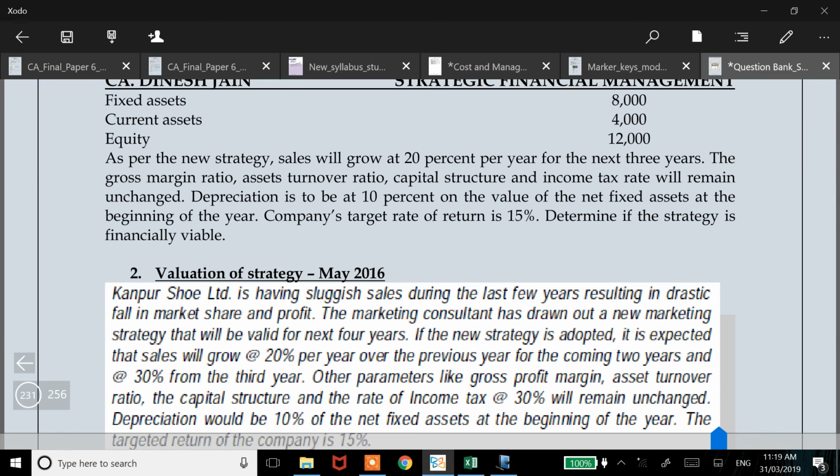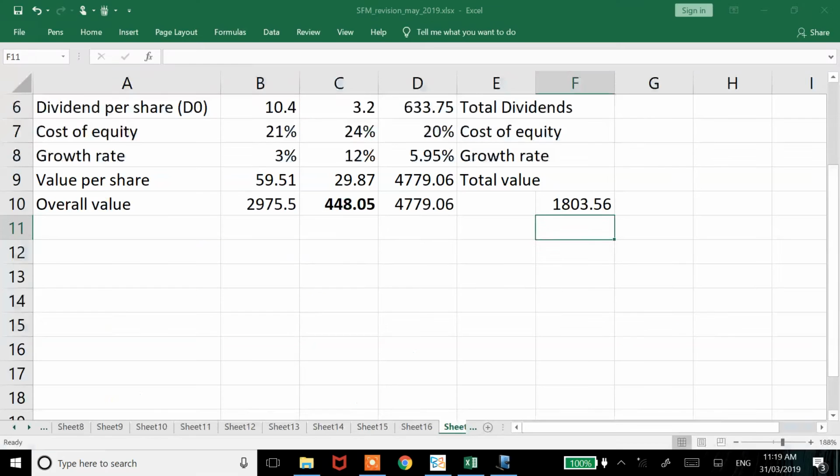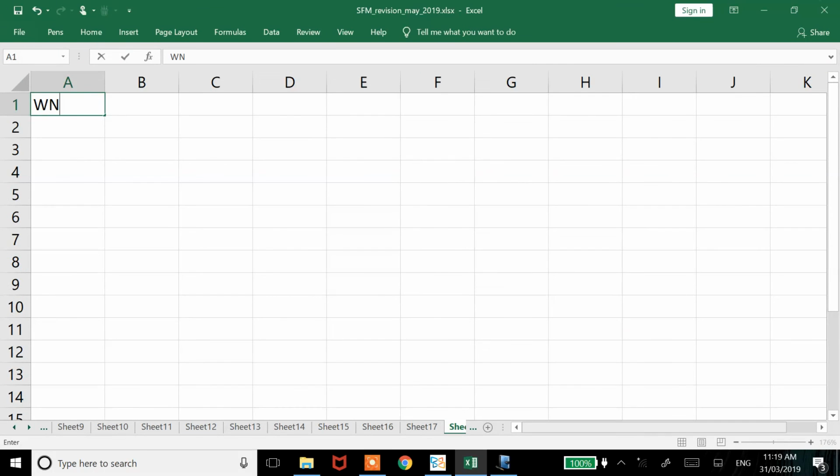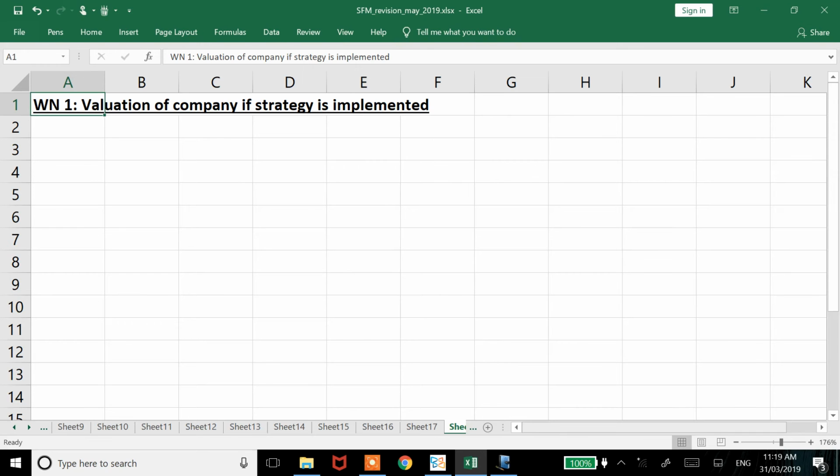Working note 1, valuation of the company if strategy is implemented. Particulars and 4 years first.